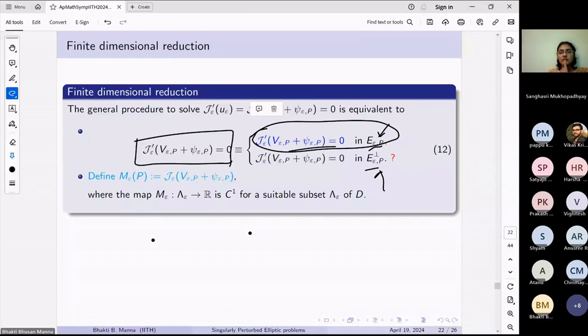So the result we generally get is that for every P in the domain, we can find a unique solution for this particular problem. That is the result we have proved. So once we have proved that, it boils down to solving this problem on the finite dimension, which is actually now a function of P. So the reduced problem looks like this.